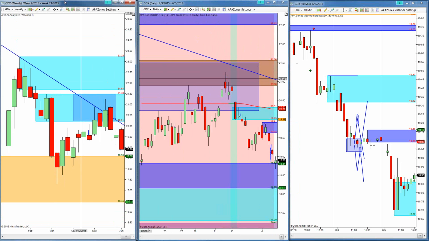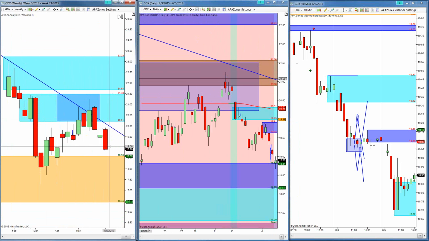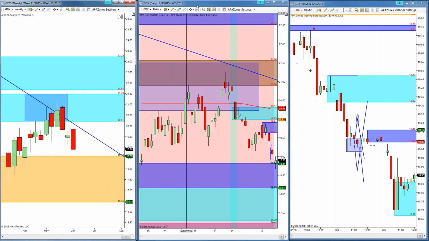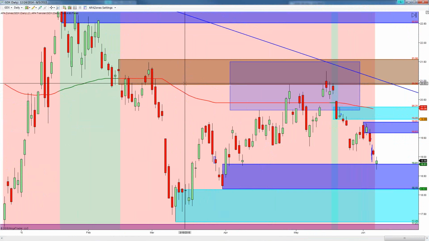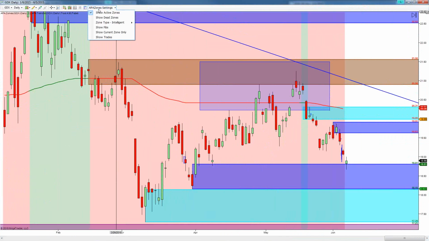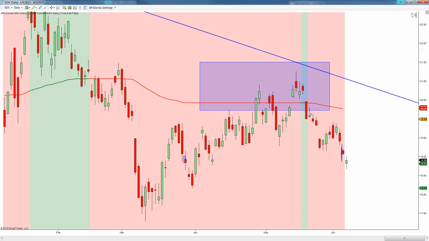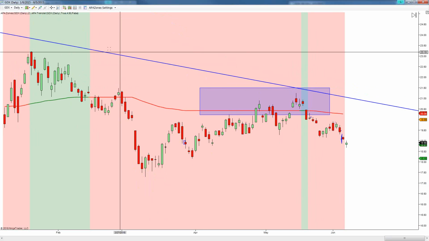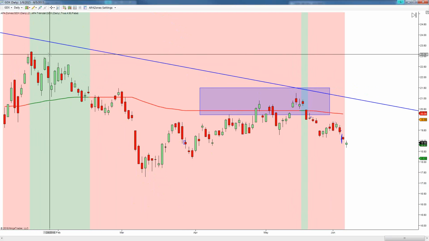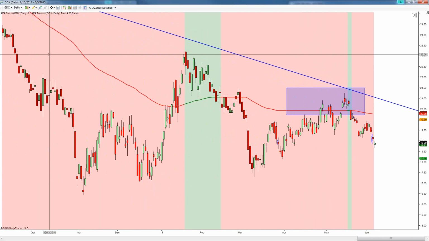So on the weekly chart, we had a trend line drawn here, of all things. Following that trend line, I do like to use trend lines in my personal trading here. And if I turn off the zones and just kind of look at that trend line, I can see that on the daily time frame.